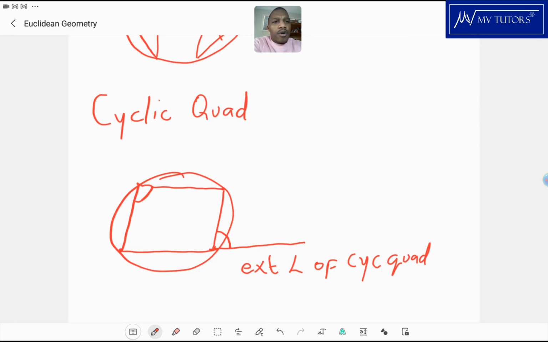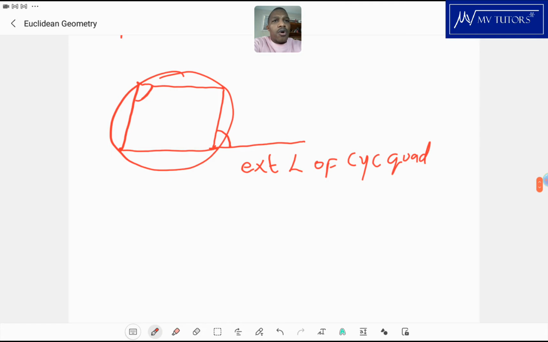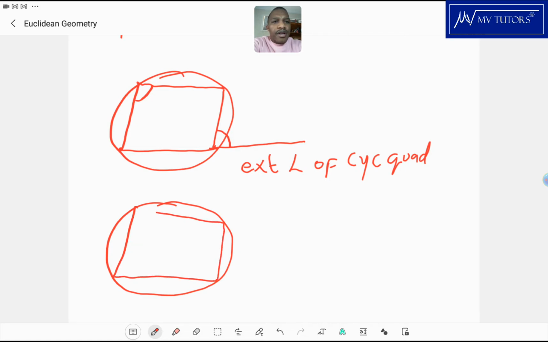Now, also, the other thing that you must know about this is that if I have the same circle and a cyclic quad, then the opposite angles, that angle and that one, have a relationship. They are not equal. I repeat, they are not equal, but they are supplementary.